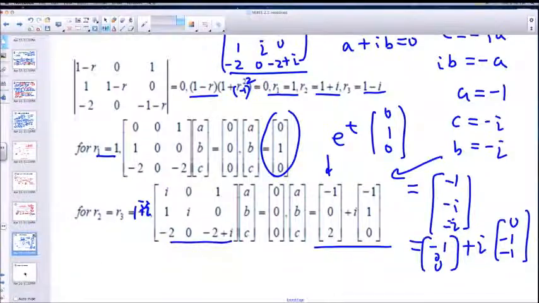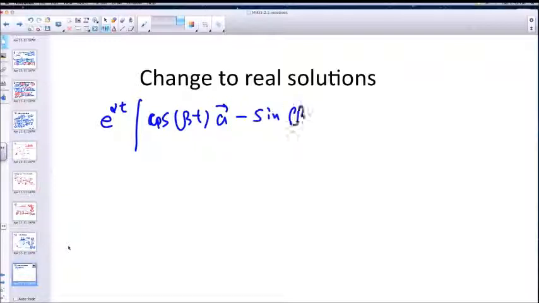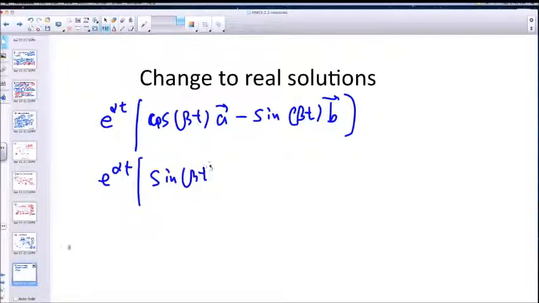And the answer is follow the formula. You get the first solution is e to the alpha t, and C1, cosine beta t a minus sine beta t b. That's the first one. The second one is sine beta t a plus cosine beta t b.